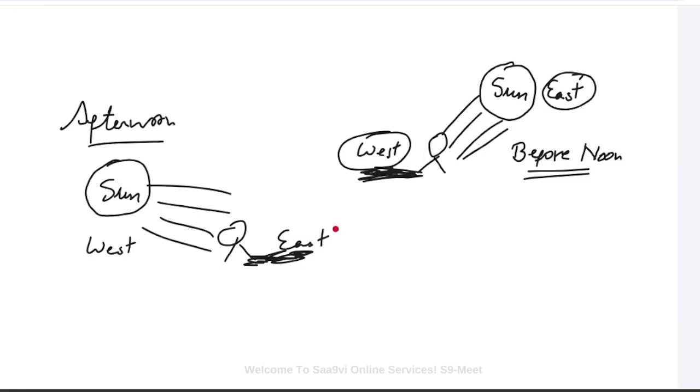A very important concept. Certain questions you're going to get on shadow, where they're going to ask where is the shadow or where is the man facing, and they'll give you some hints. So you have to understand if it is morning time, the sun is in east, shadow is in west. If it is evening time, the sun is in west, shadow is in east. This point of shadow is also clear.